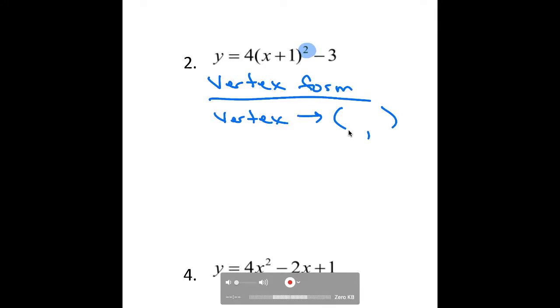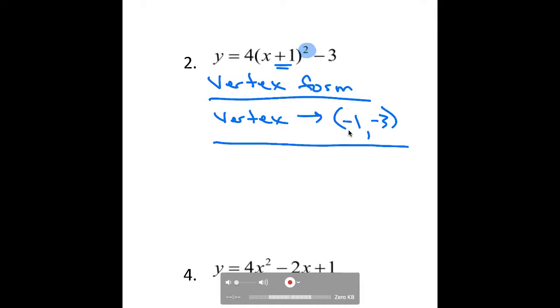So what's inside the parentheses is a positive 1, so the opposite of that is -1, and then what's outside the parentheses is true to form. So your vertex would be at -1, -3. And remember, that's either going to be the lowest point if this opens up when we decide that, or the highest point if that opens down.